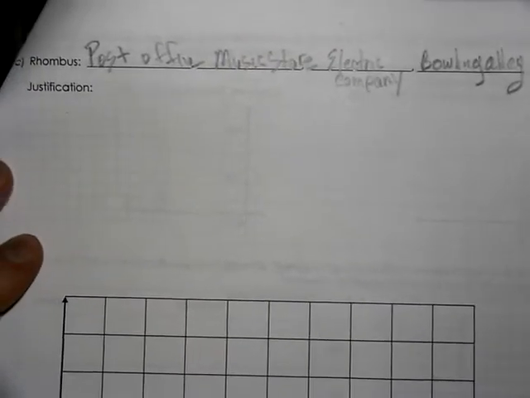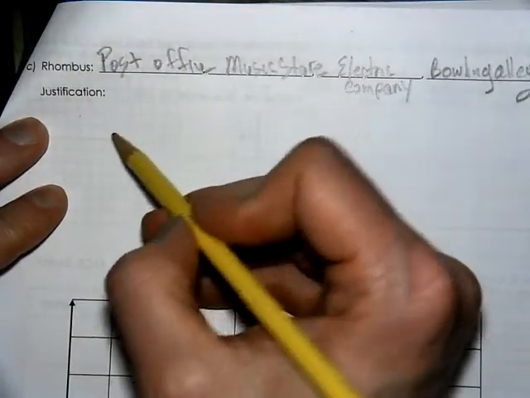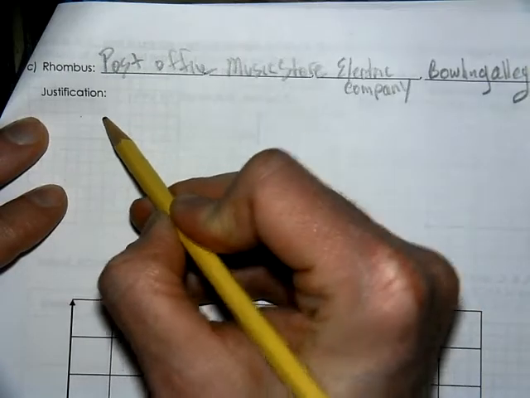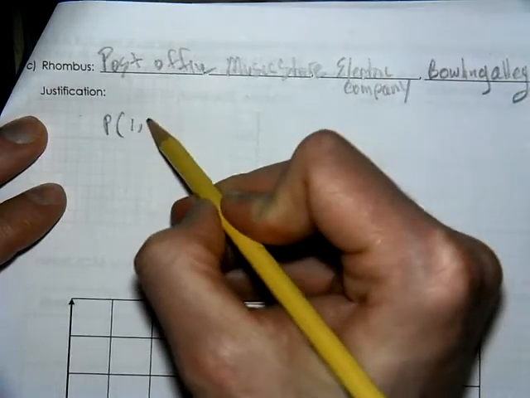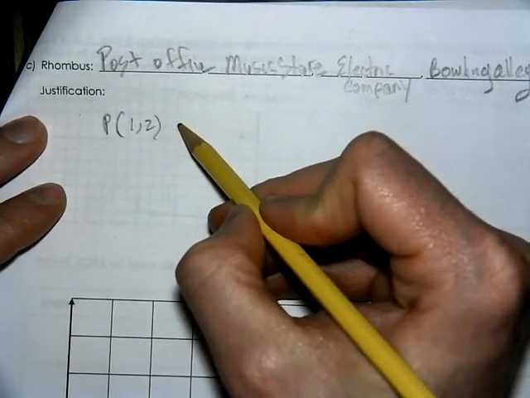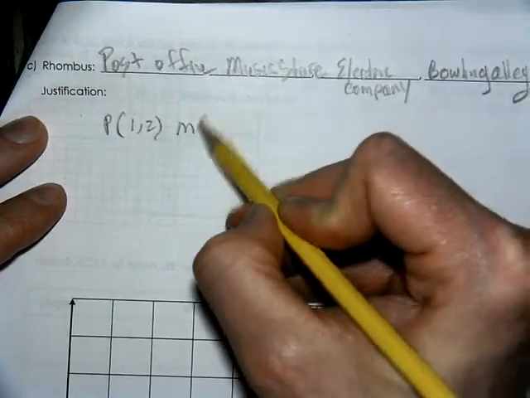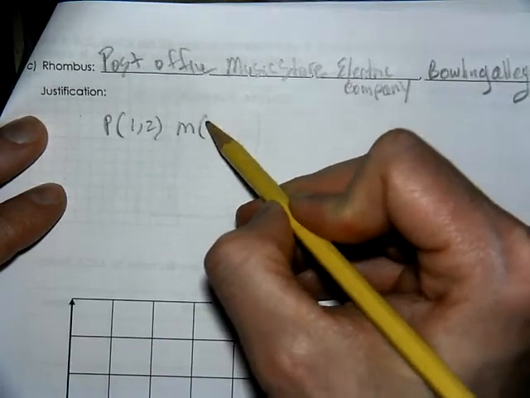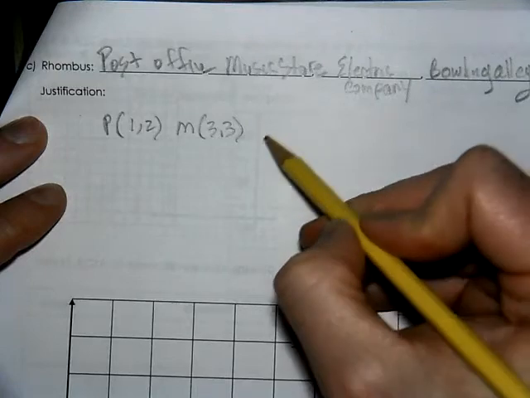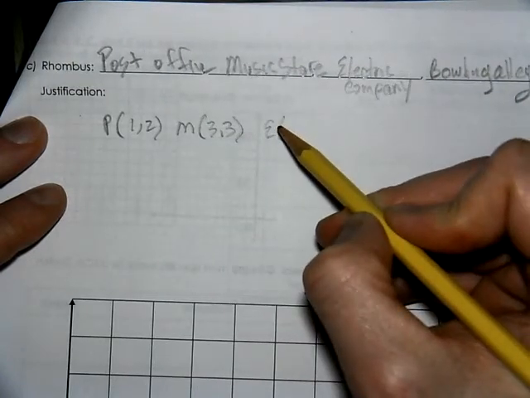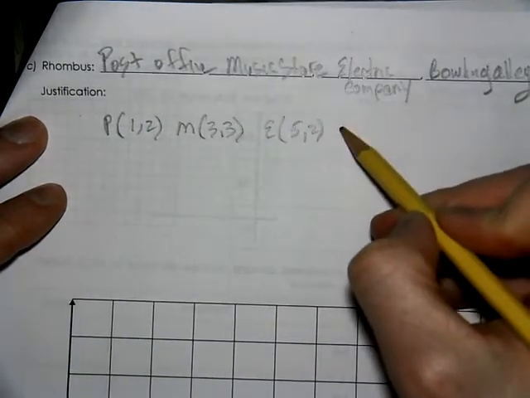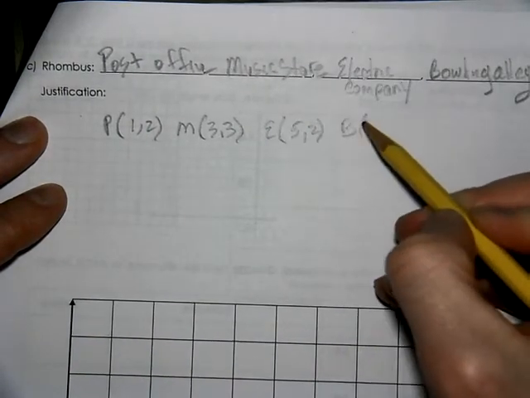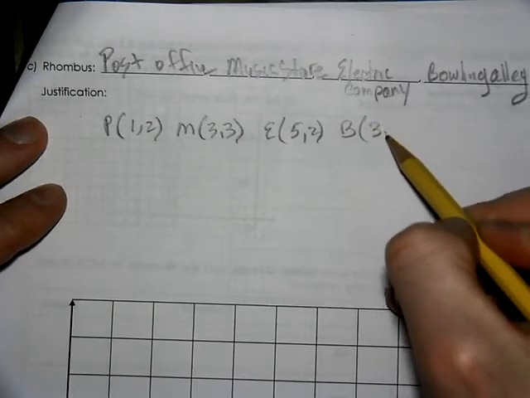That's one way, but in terms of actual calculations, we'll take the post office, which is at 1, 2, and the music, which is at 3, 3, the electric company, 5, 2, and then the bowling alley, which is 3, 1.